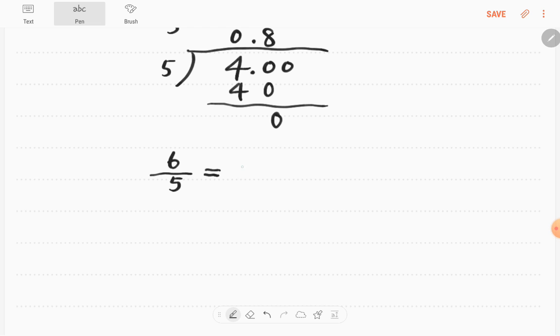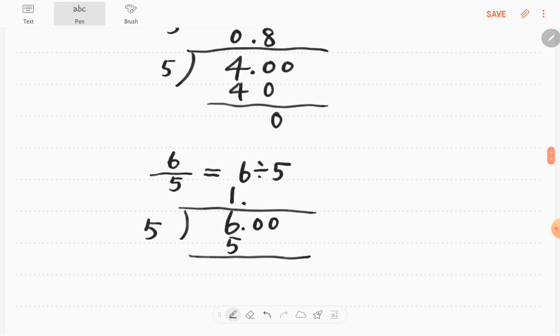That will be like 6 divided by 5. So we still do the division. So it will be 5 here. Don't forget your decimal point. So our answer is 1.2.